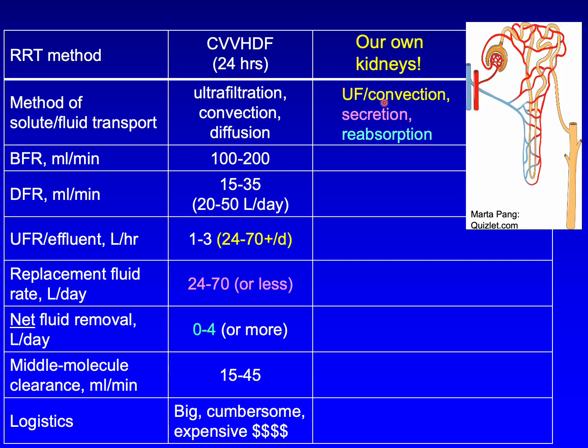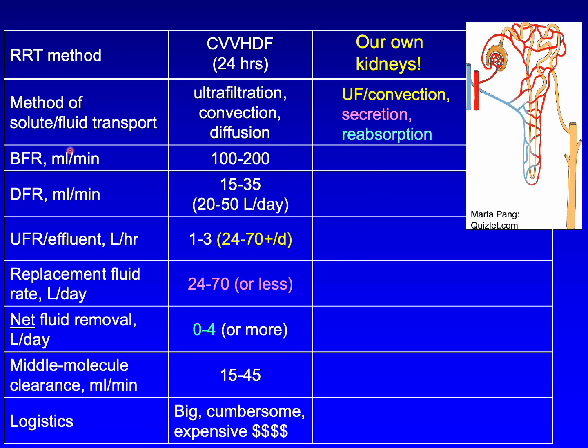With our own kidneys, we also use ultrafiltration and convection because plasma is filtered through the glomerular capillaries and enters the renal tubules. But once in the tubules, it can be further processed. It can have stuff added to it by secretion from the surrounding capillaries, or it can have stuff removed and reabsorbed from the capillaries and returned into the general circulation.